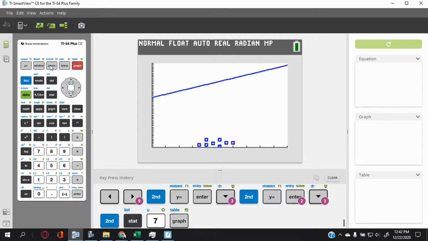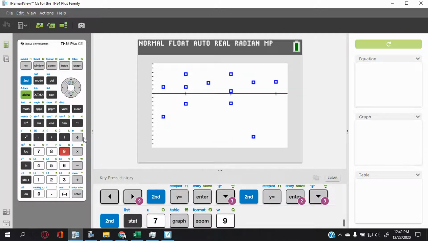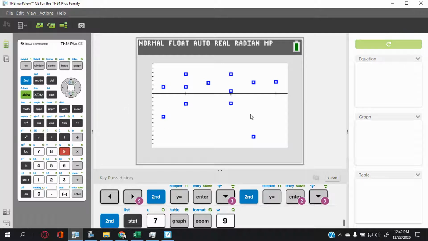Now, I want a better look at the actual data. I actually don't care about the line anymore. So zoom stat. Now look, is this a good line of best fit? Is the linear regression a good one that we chose? Yeah. Why? Yeah, the points are scattered. There's no pattern, right? Think about what I said yesterday. It's all random points.